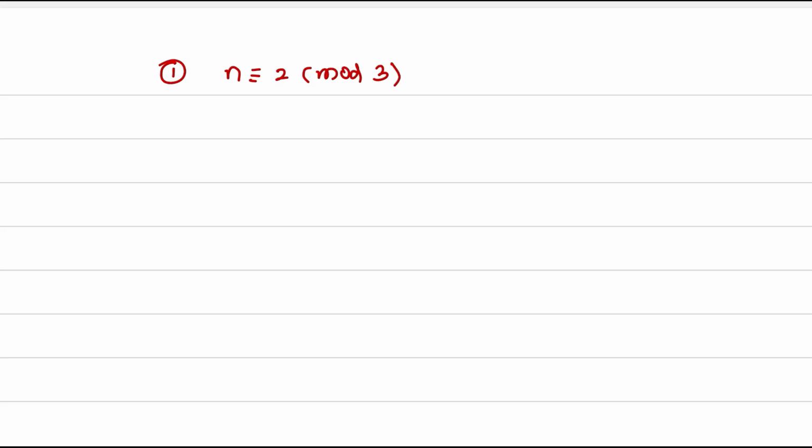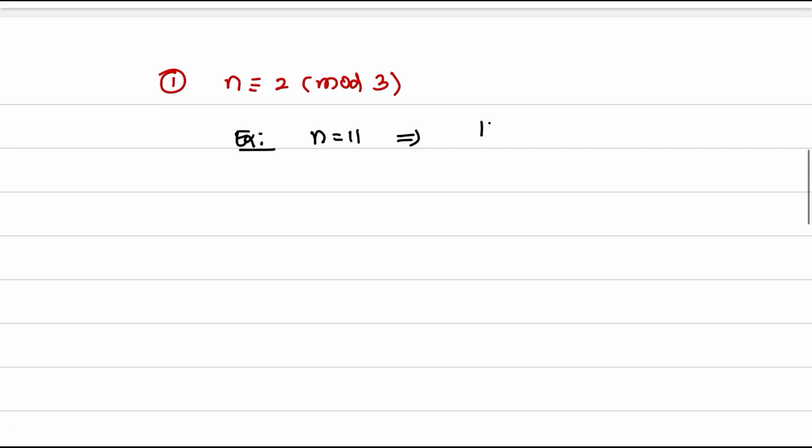Let us try how to get the values of r1, r2, r3. n is equal to 11. That implies 11 is equivalent to 2 mod 3. 11 minus 2 is divisible by 3.